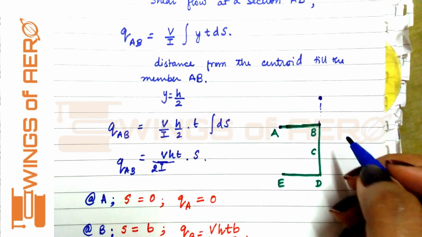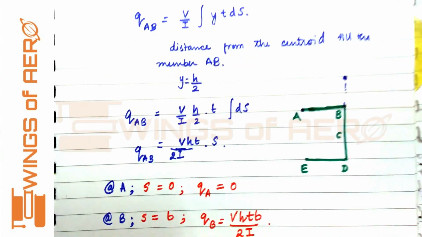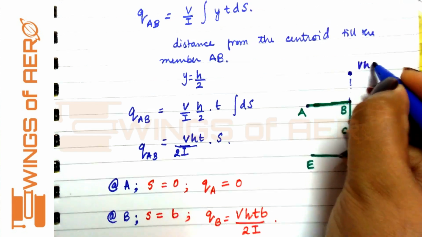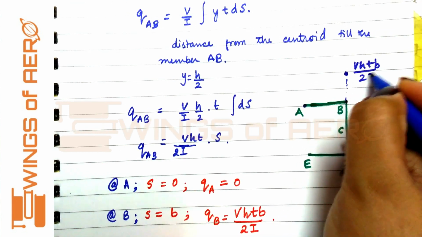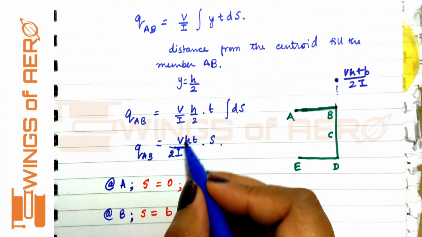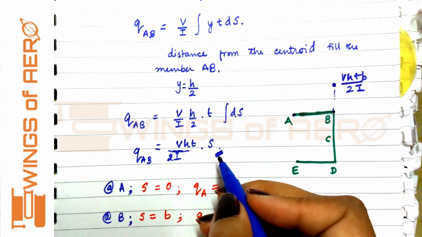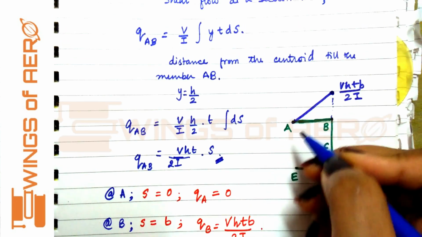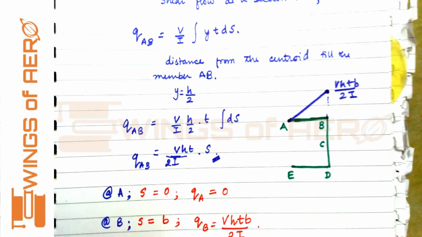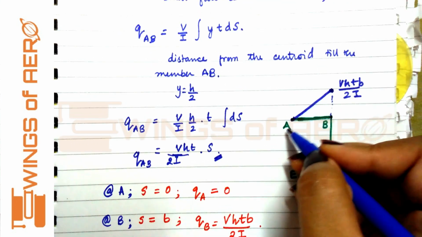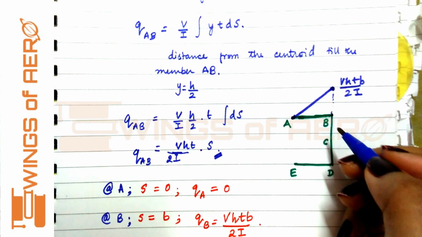Let's consider V h t b by 2I. This point is V h t b by 2I. Now see the equation here, we have the value in linear form. So we will join this point and the 0 point with a straight line. Fine. So this is the shear flow distribution across AB.